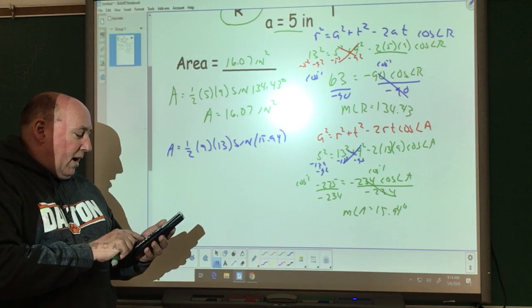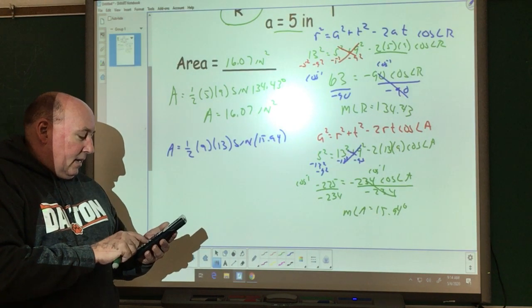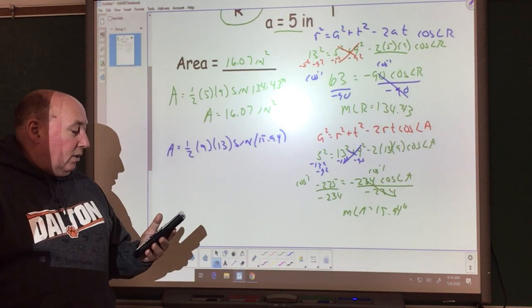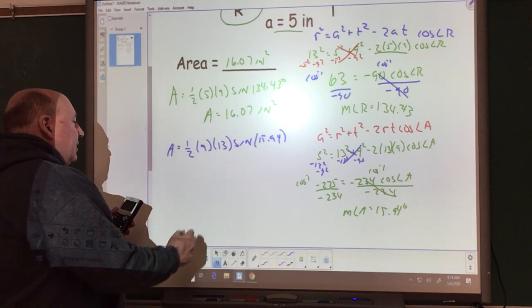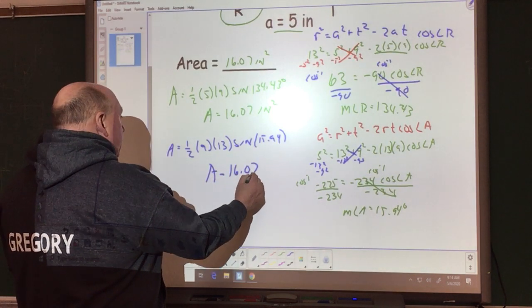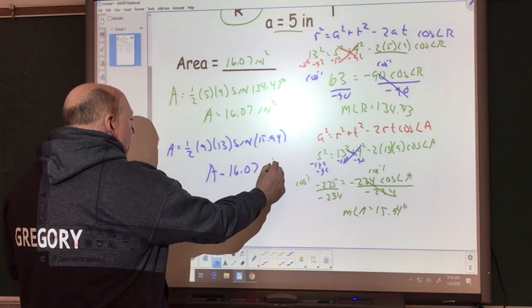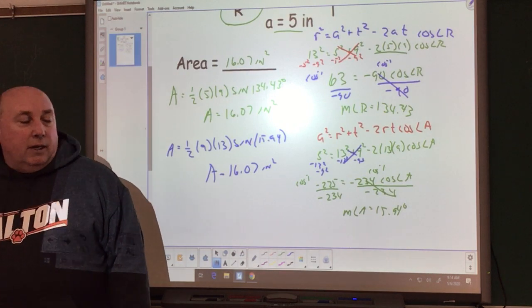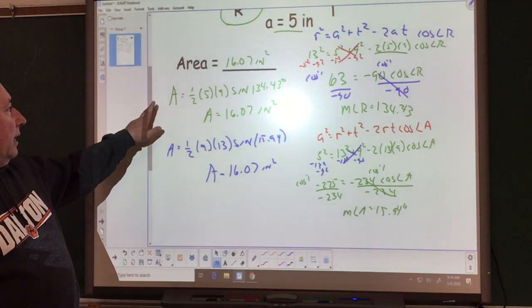So we have 0.5 times 9 times 13 sine of my answer, and I get the exact same 16.07 inches squared. And once again, I have units there. You should be able to put your units in there. I get the exact same solution.